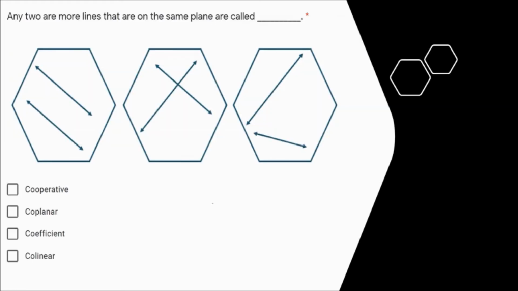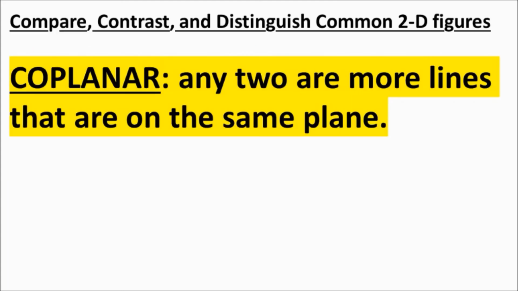Next question. Any 2 or more lines that are on the same plane are called cooperative, coplanar, coefficient, collinear? Give the students time to answer. The answer is coplanar. Any two or more lines that are on the same plane.